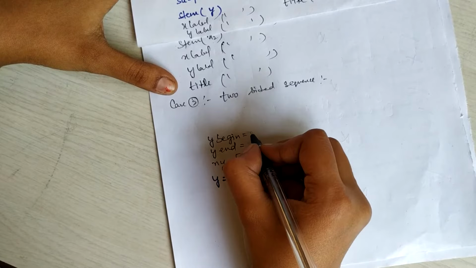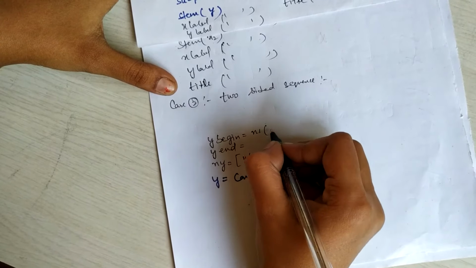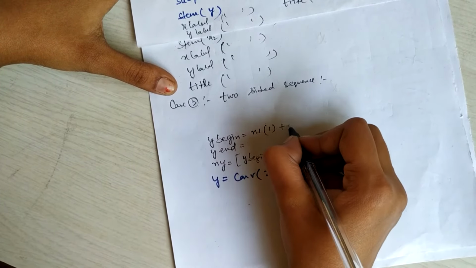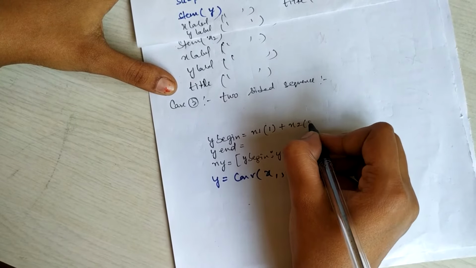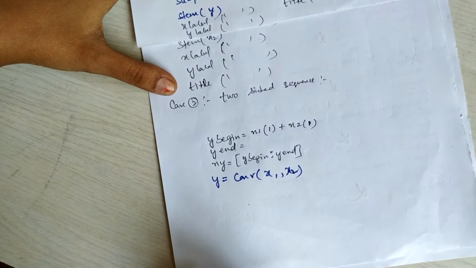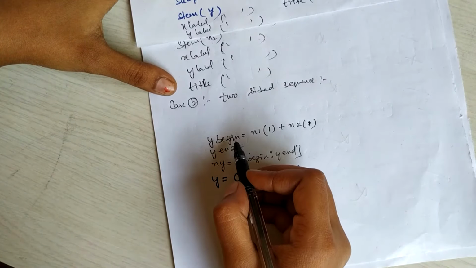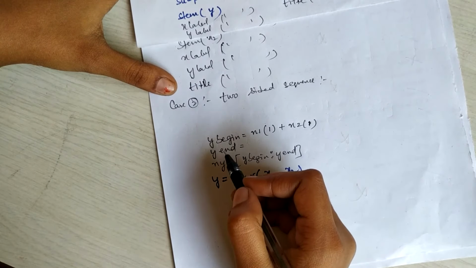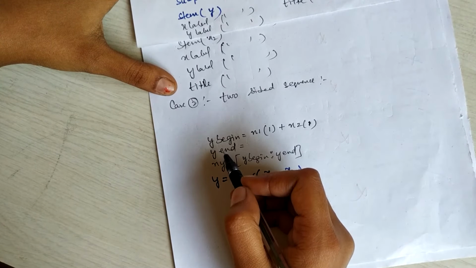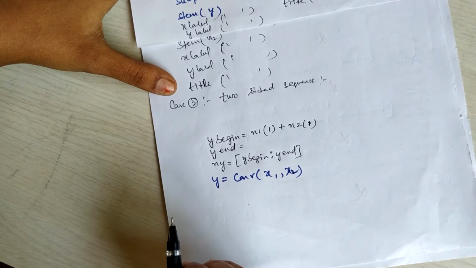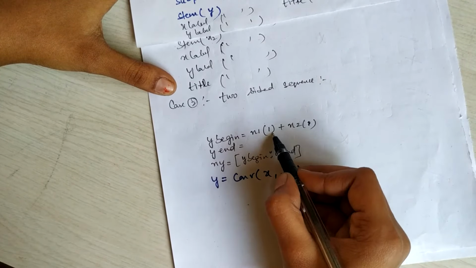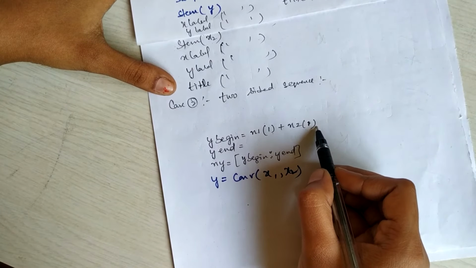This y begin will be nothing but n1 of 1 plus n2 of 1. This will be the x1 sequence, so there we have to add up the first element of the time vector. So we had taken n1 of 1 plus n2 of 1.